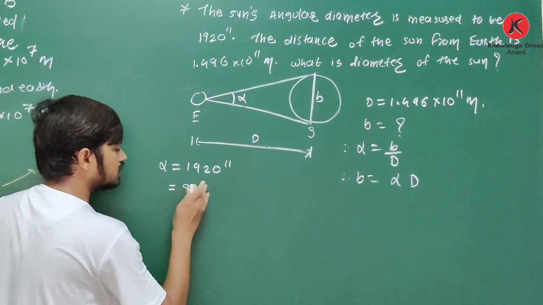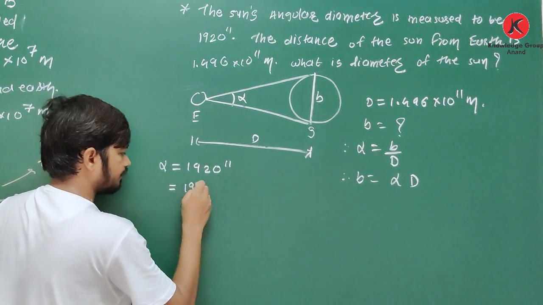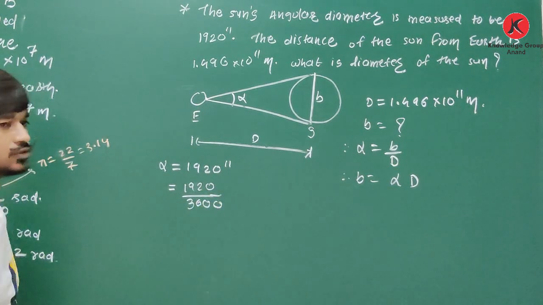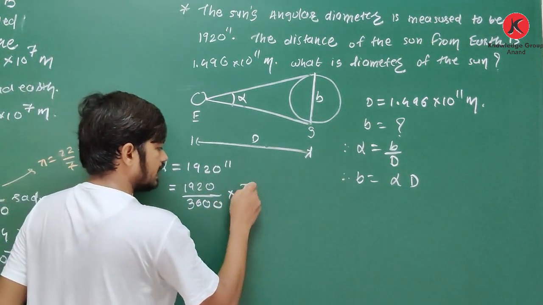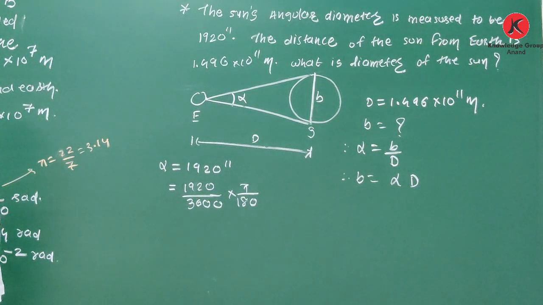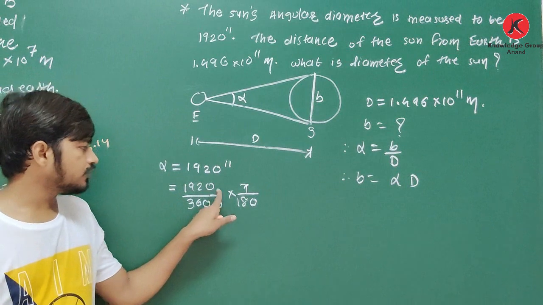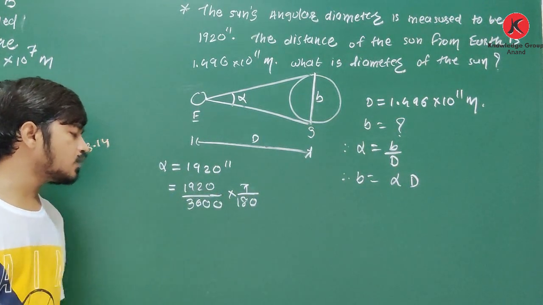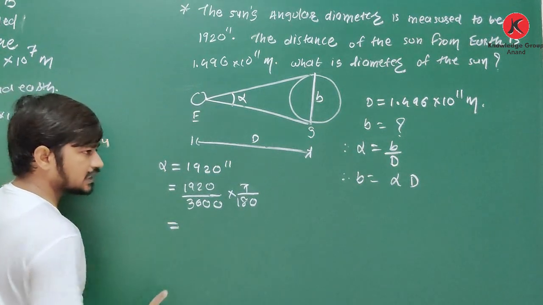First of all, convert this 1920 into degree by dividing by 3600, and then multiply by pi by 180. Now, 1920 into 3.14 divided by 3600 divided by 180. You will get your answer like this.